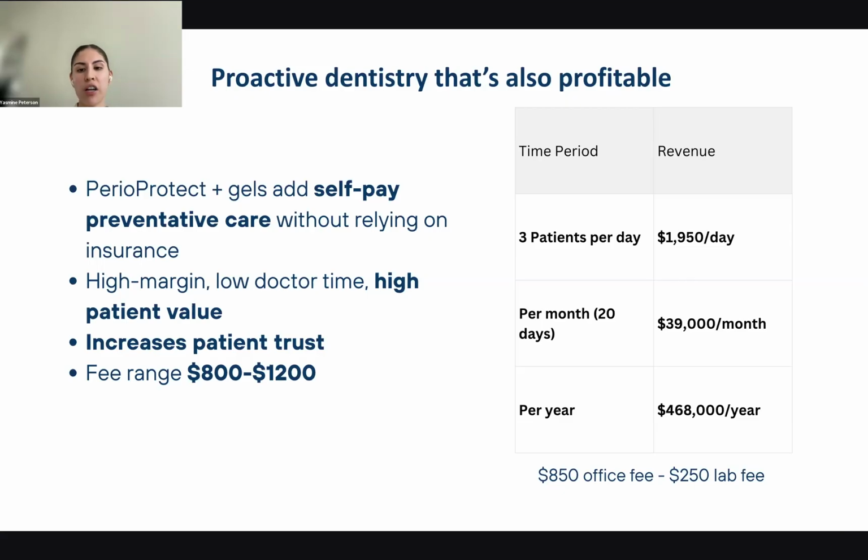If we look to the right over here, if we could provide 3 patients per day with PerioProtect, that could be about $1,950 per day, because the fee I used here was $650. That's how much I charge for it in my office. Per month, if there were 20 days, that would be an extra $39,000 per month, and per year, that could be an extra $468,000 per year.